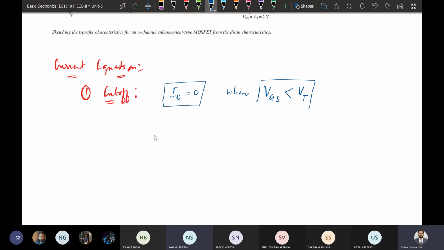If VGS is less than VT, the current flowing will be 0, and this is called cutoff region. Second case is linear, or we call it triode region.